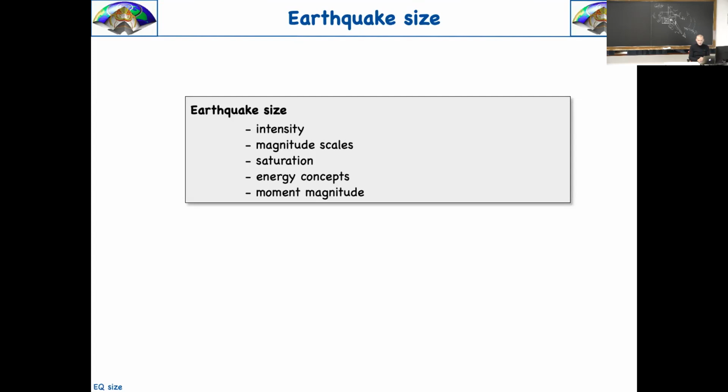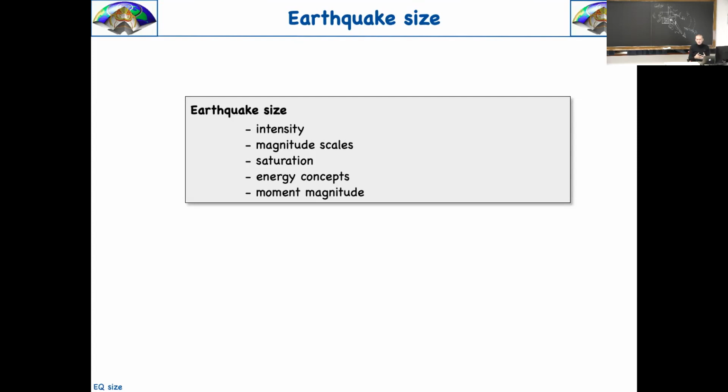But please, and we will spend a couple of slides about intensity, that is nowadays, again, an important data set. Why? Because it's the only data that we can collect from historical earthquakes. What does it mean? Historical, pre-instrumental. But there are many differences between intensity and magnitude.